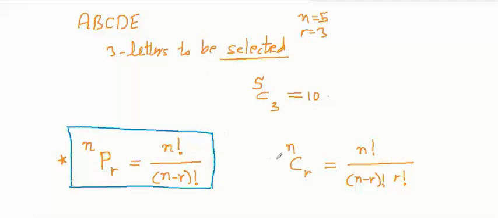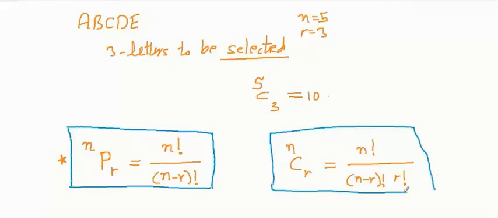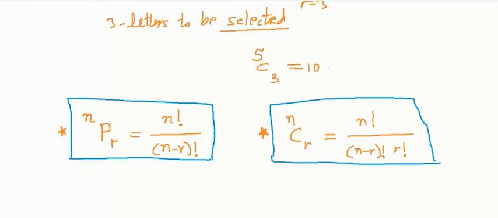So this is the formula for NCR, and the previous one was NPR. NCR is used for selection, and NPR is used for arrangement.